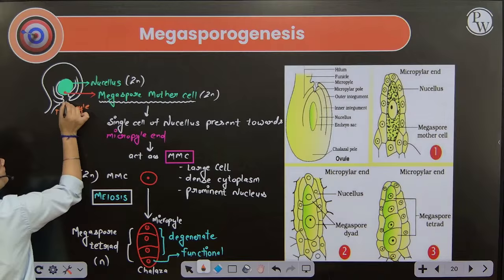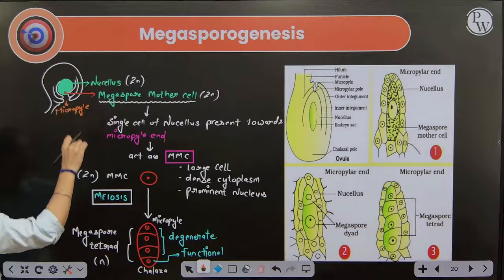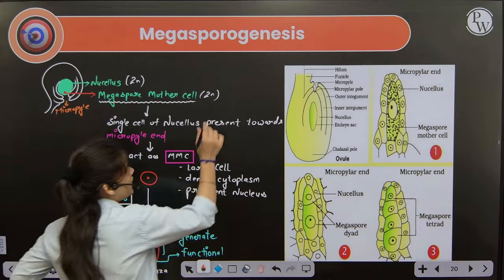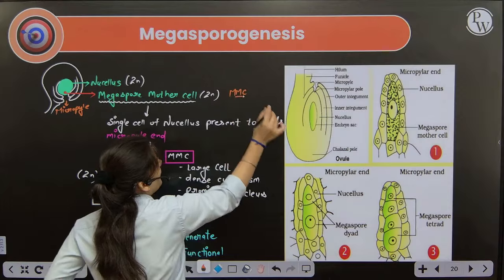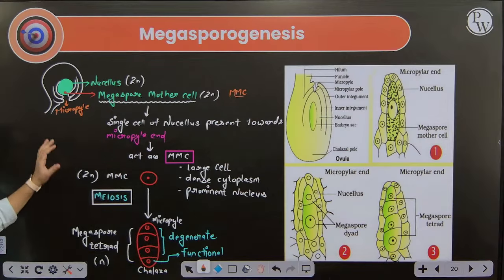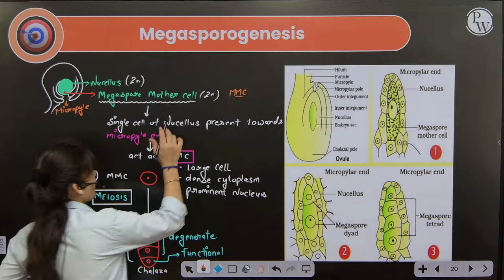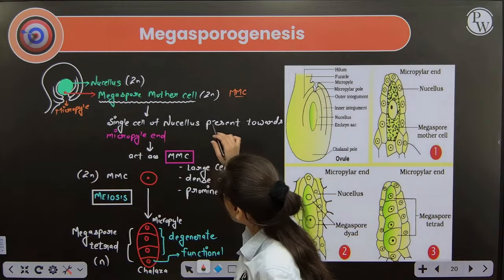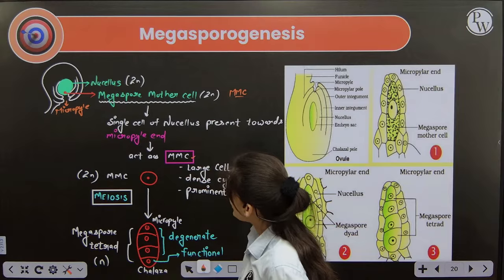So one cell which is present towards micropyle end, that cell acts as megaspore mother cell, MMC. What about ploidy of this cell? This cell is 2n, single cell of nucellus which is present towards micropyle and it acts as MMC, megaspore mother cell.